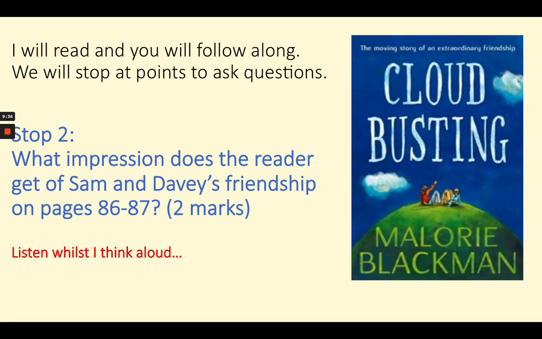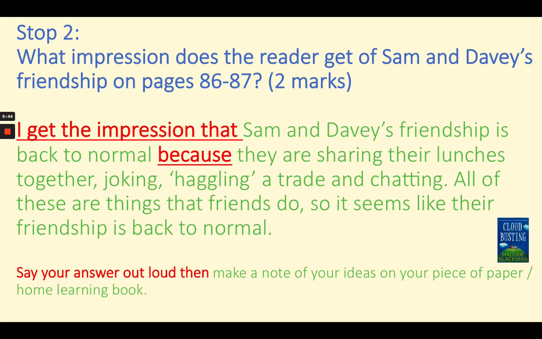Now, how are they acting? What impression do we get? Listen whilst I think aloud. Remember, this is a 2-mark question, so I need to tell you my impression, and then I need to give you evidence from the text that supports that impression.